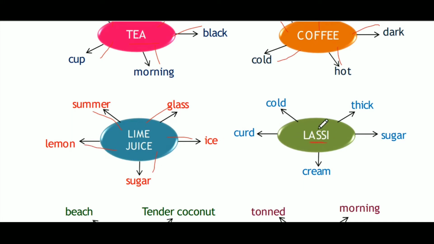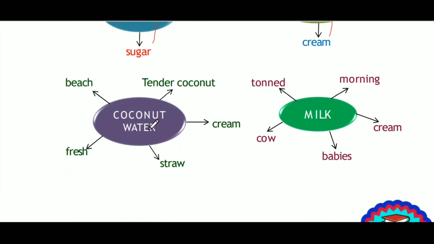Lassi: it is cold, thick, sugar, cream and curd. Now coconut water: beach, tender coconut, cream, straw, fresh.